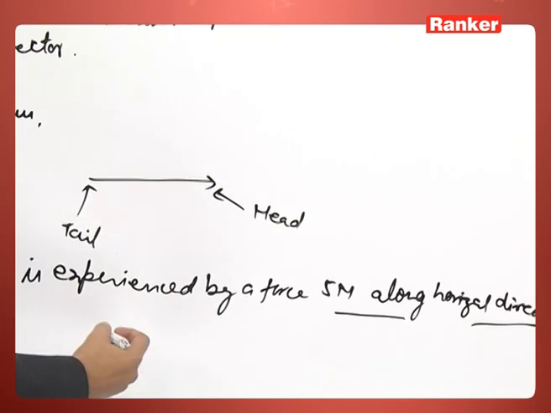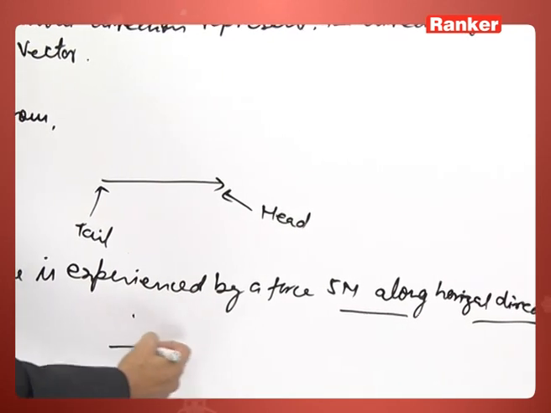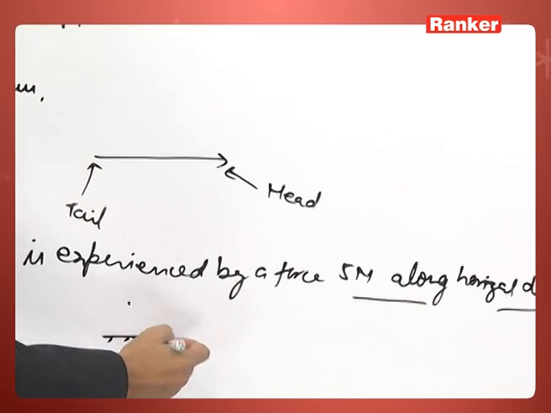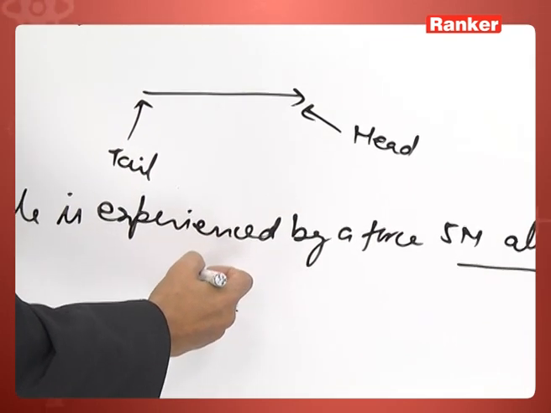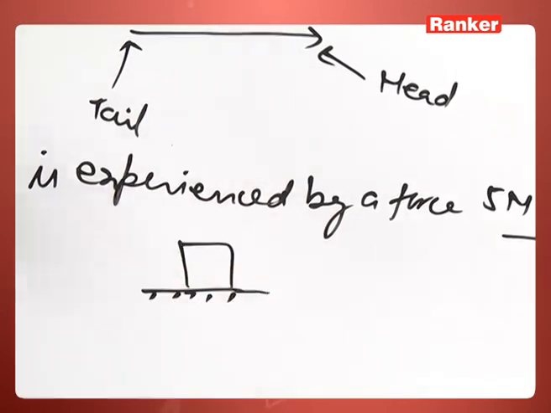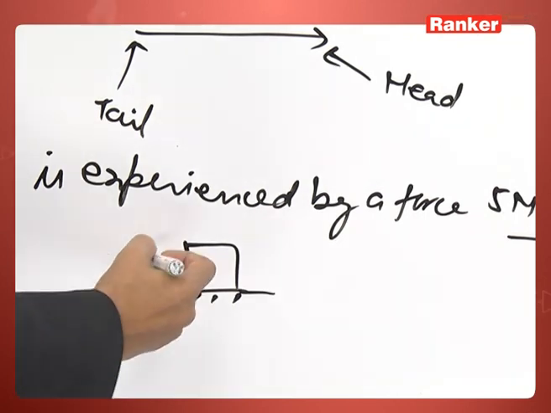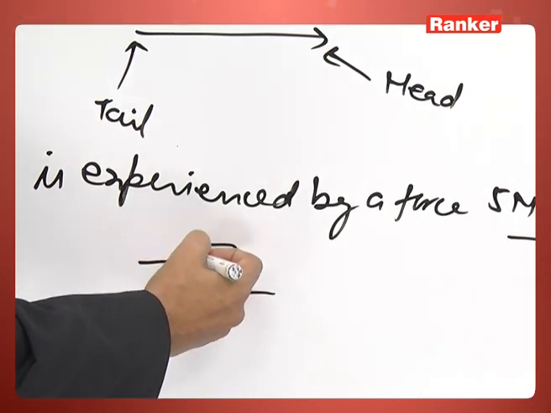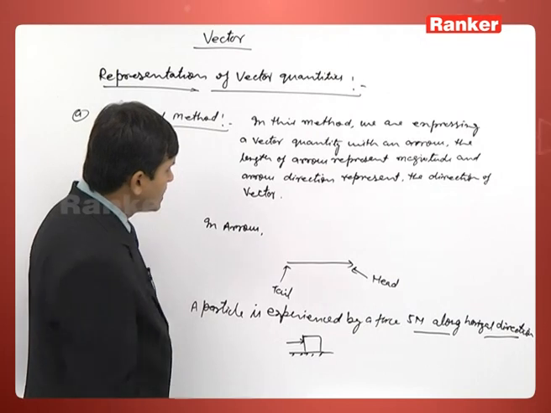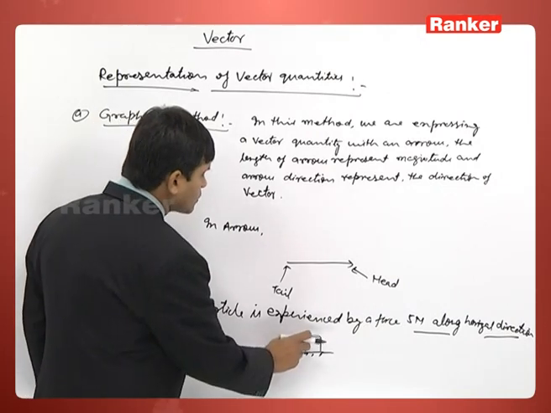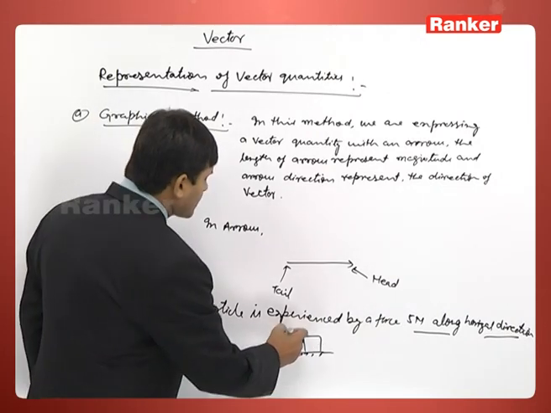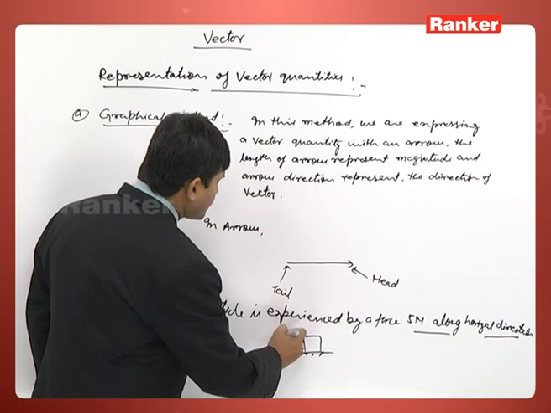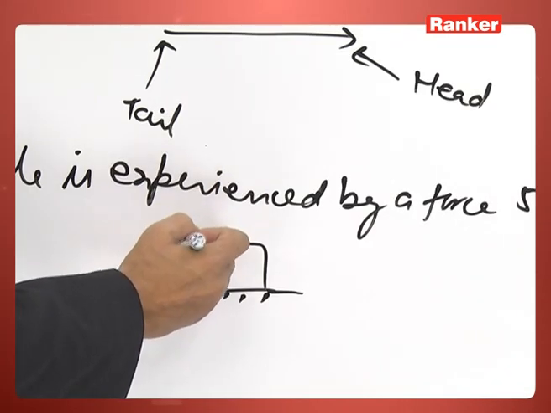If in the question this is given as a surface, and on this surface is a particle, and a force acts horizontally in that direction, then we show it with an arrow, and write the force F as 5 Newton.